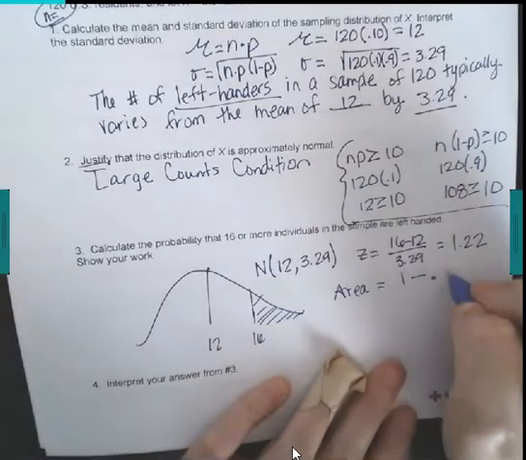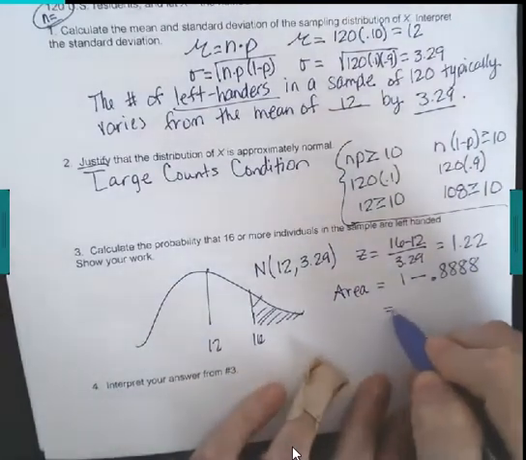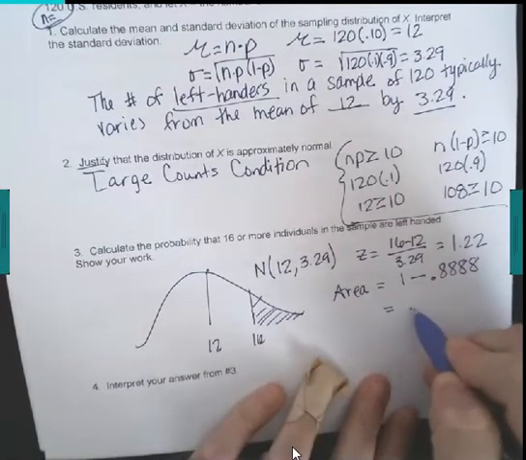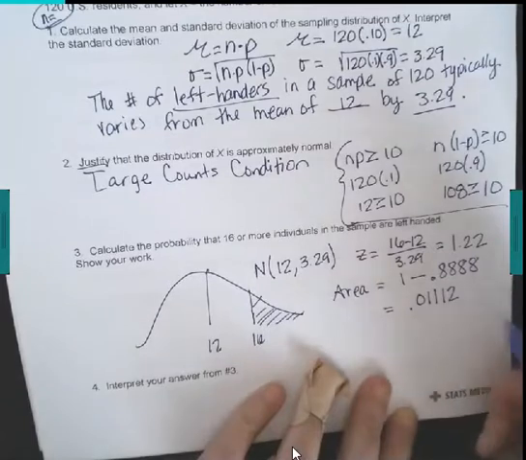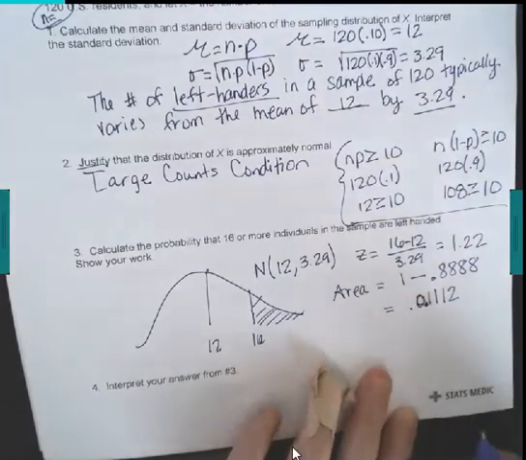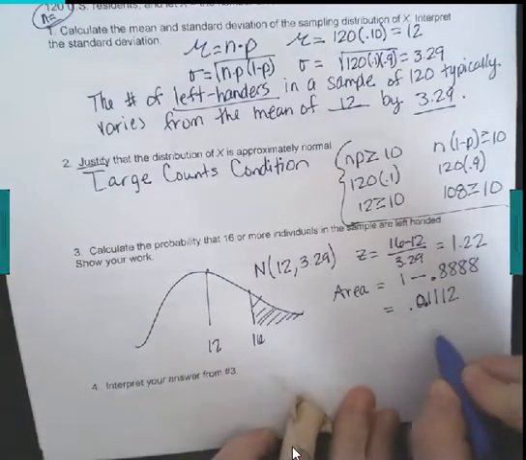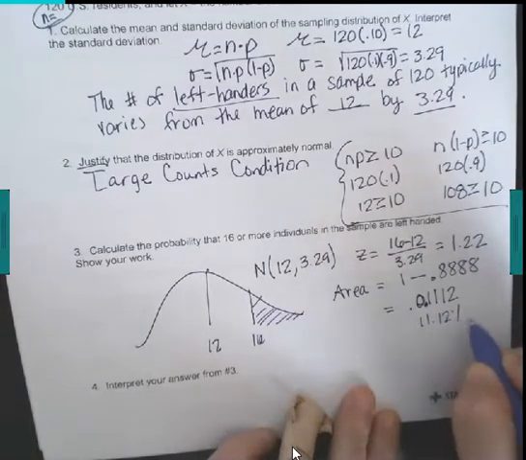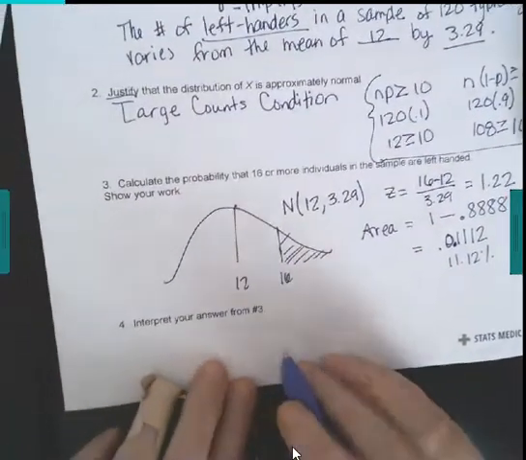So 1 minus 0.8888 would give you an area of 0.1112. Okay, so what is that, 11.12%?